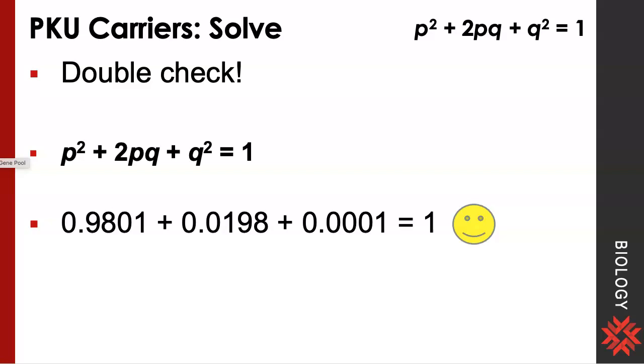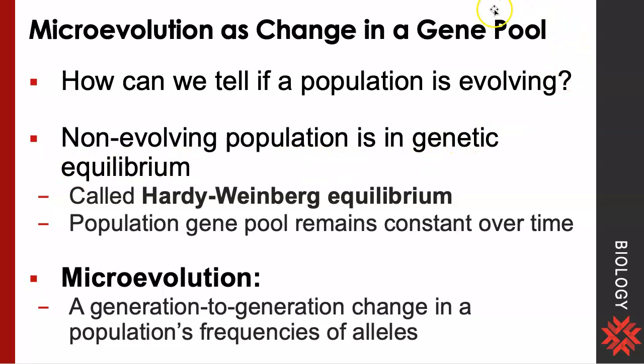Well, we said that the allele frequencies are making up the gene pool. And it's the gene pool that's going to be the raw material for the next generation. So you can look at changes in this gene pool to see if that population is evolving.